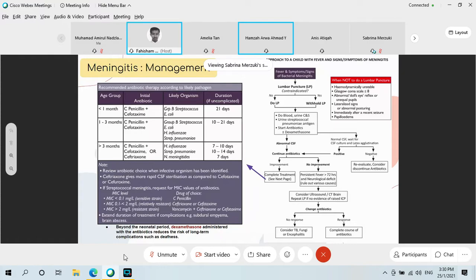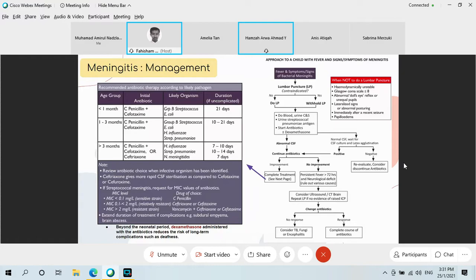So ask about the risks related to GBS, such as prolonged rupture of membrane, maternal pyrexia, maternal history of a high vaginal swab with group B strep or group B strep in the urine, or history of chorioamnionitis. Then you are likely to find the cause of it.